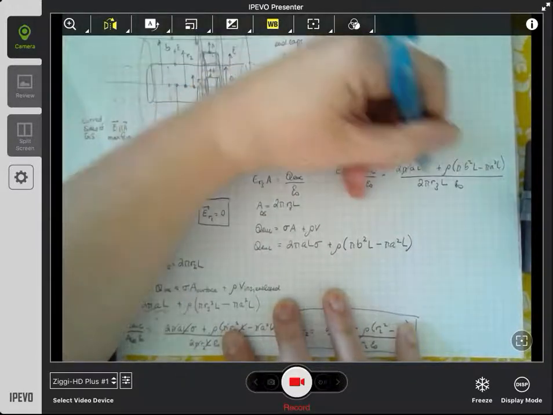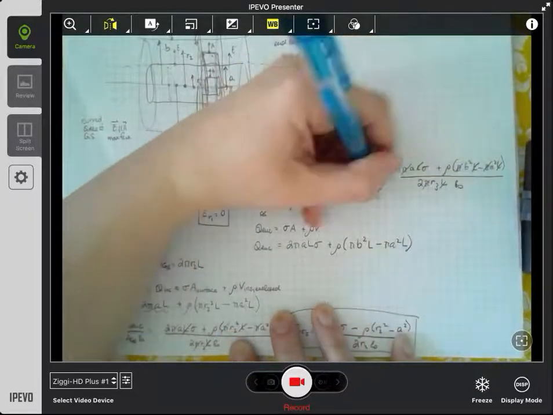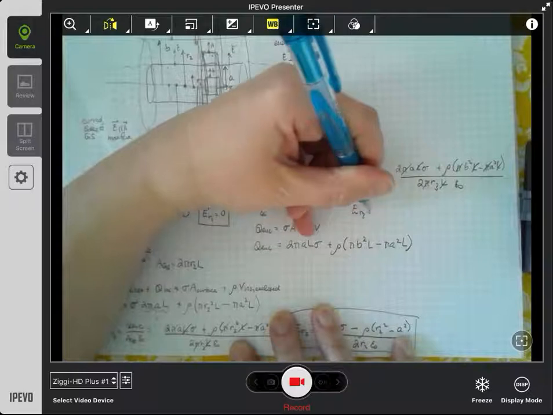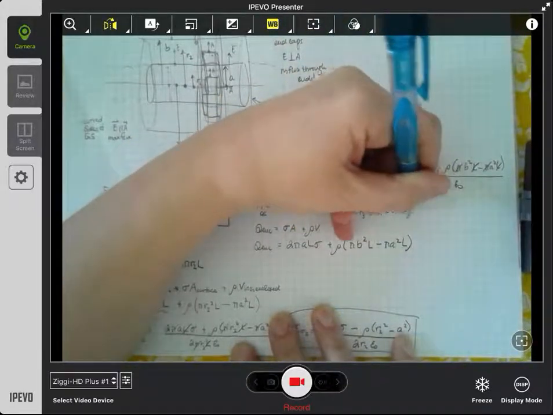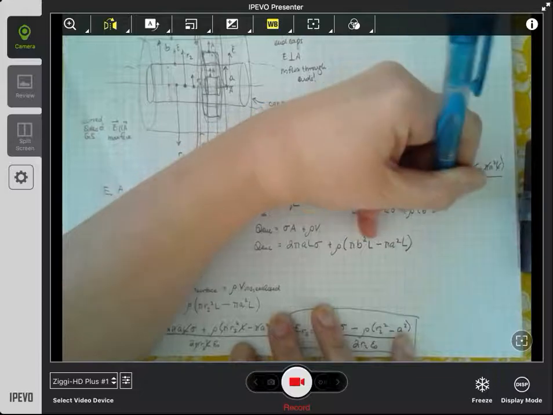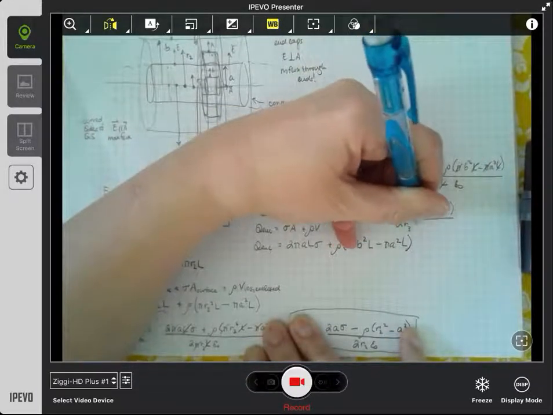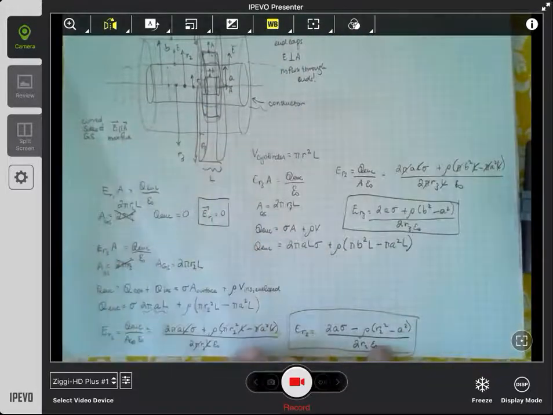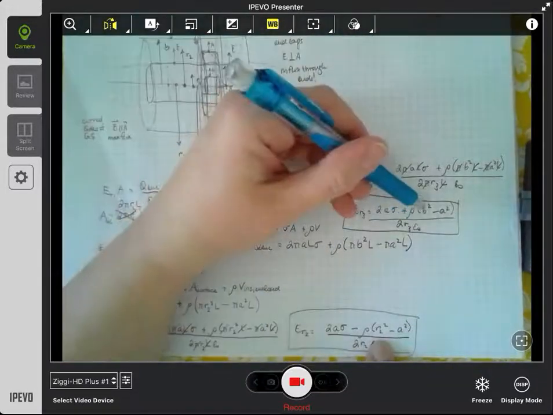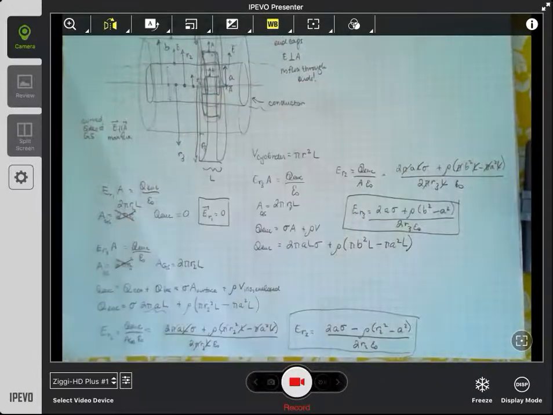Okay, and again, pi's all cancel and our L's cancel. So E at R3 is going to be 2A sigma plus rho (B squared minus A squared), over 2 R3 epsilon naught. So almost the same equation we had before, but now we include all the way out to B squared instead of just R2 squared, and we're going out to a further distance.